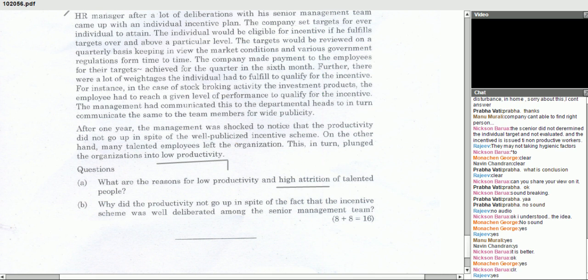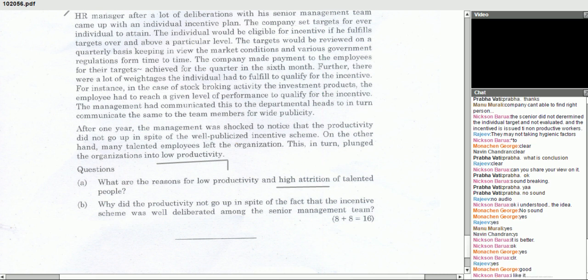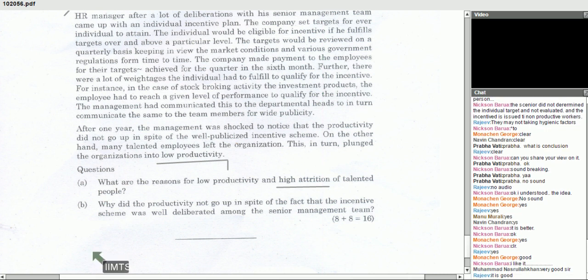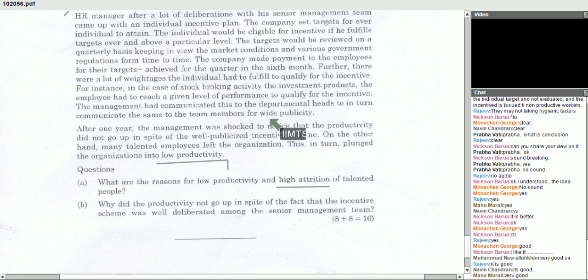So this was one interesting case study based on compensation management. How many of you liked this case study? And how many of you did not like this case study? Okay, all of you liked it. Fine.